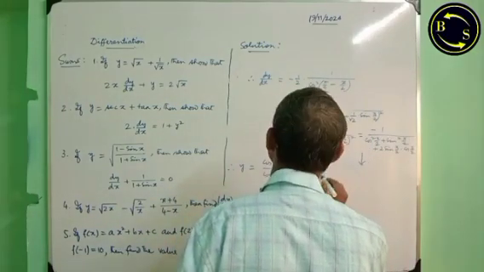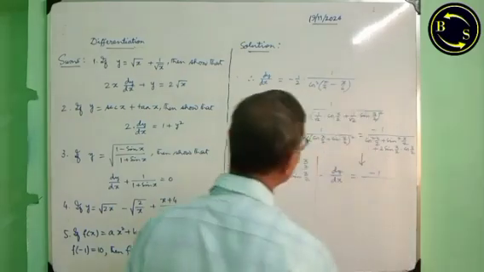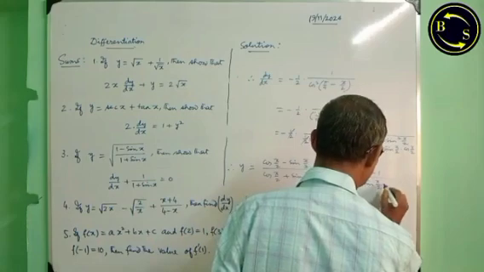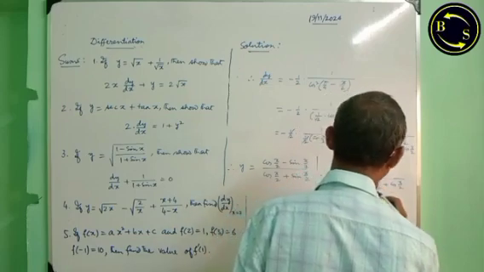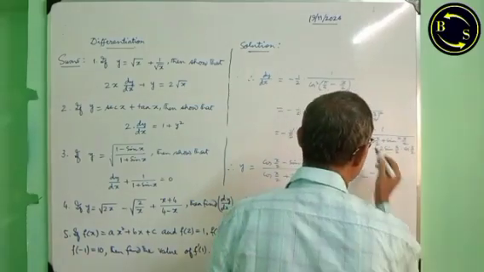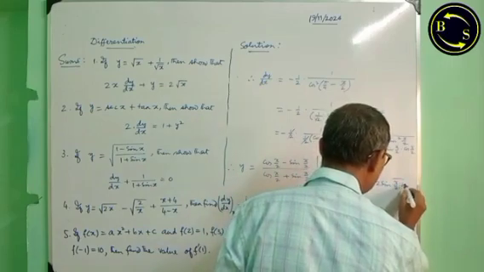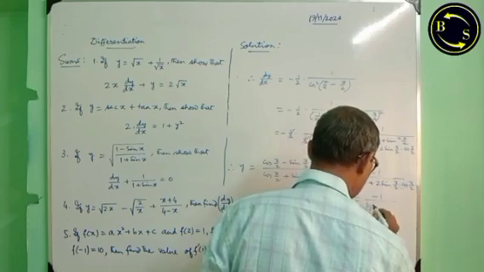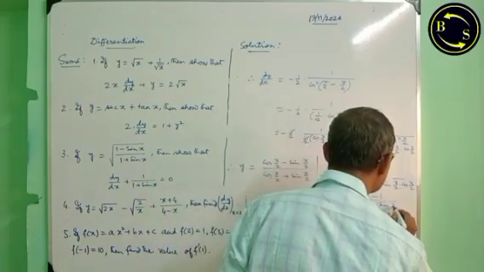Now from this, therefore dy dx is equal to minus 1 by, this is sin x by 2 plus cos x by 2, 1 plus 2 sin x by 2 into cos x by 2, means minus 1 by 1 plus 2 sin theta cos theta, that is sin 2 theta, sin x.